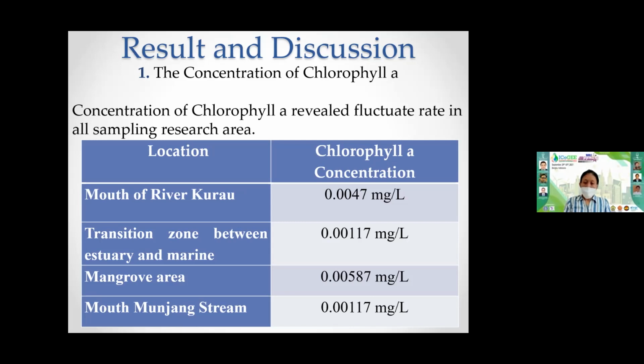In Munjang stream it is about 117 milligram per liter.